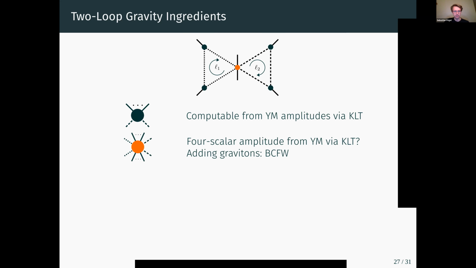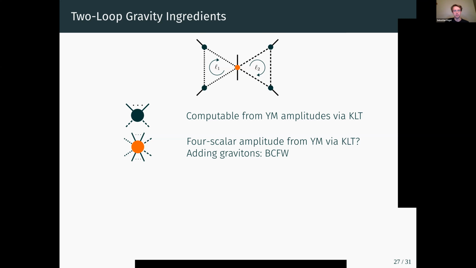The thing that is less clear is what exactly the form of this central vertex would have to be. Taking, for example, the case where there are only the four scalars, one idea would be to use KLT relations to obtain this amplitude from Yang-Mills.